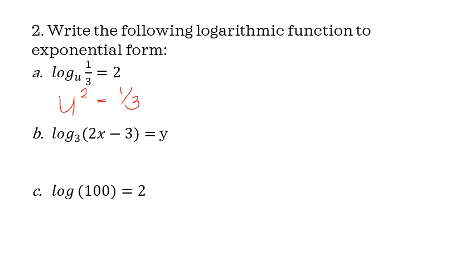So we have 3 raised to y is equals to 2x minus 3. Here we have log 100 is equal to 2. So it is understandable that log has base 10. So this is equal to 10 raised to 2 is equal to 100.